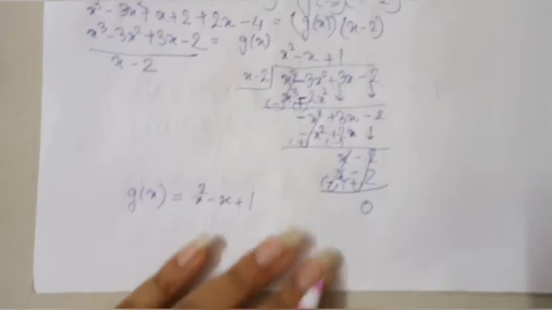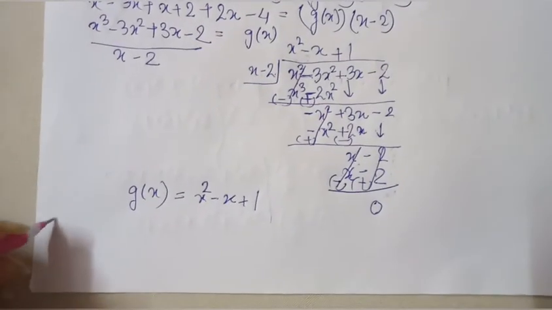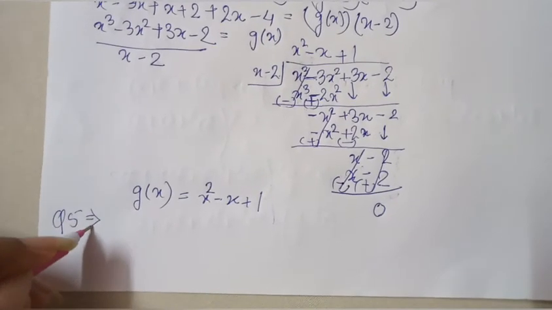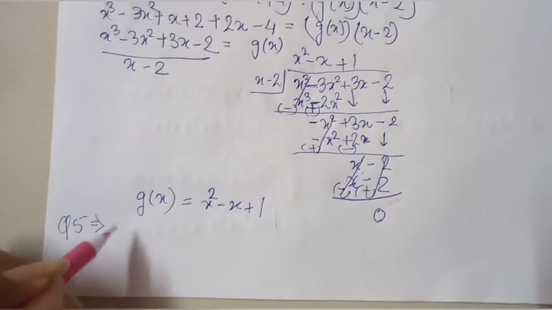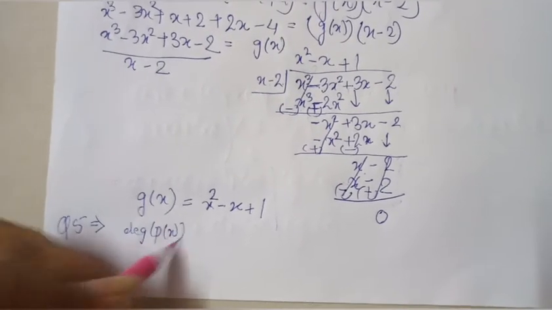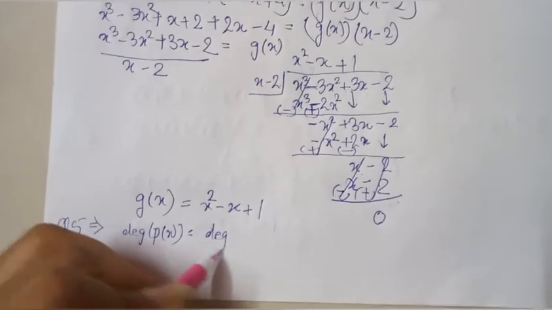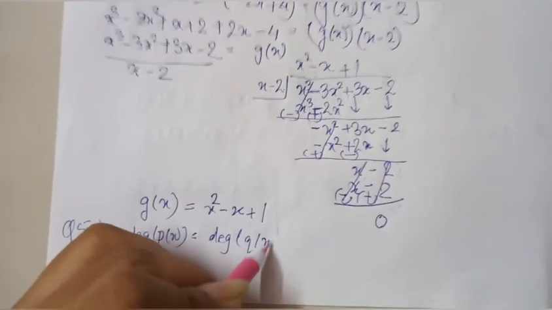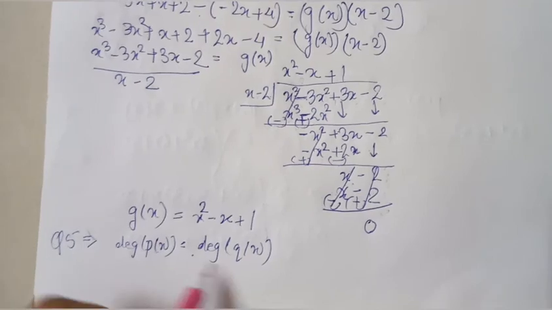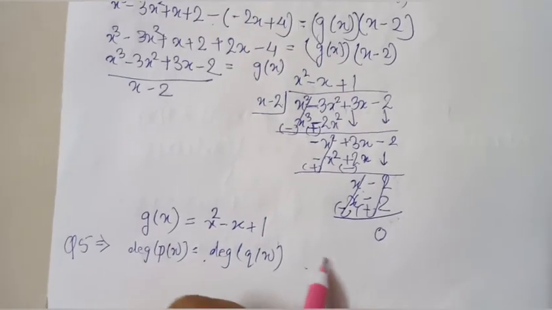Now question number 5, it says that we need to just write the polynomials whose degree of p(x) is equal to degree of q(x). And that is just simple. We can see that here g(x) is 1 and r(x) is 0.